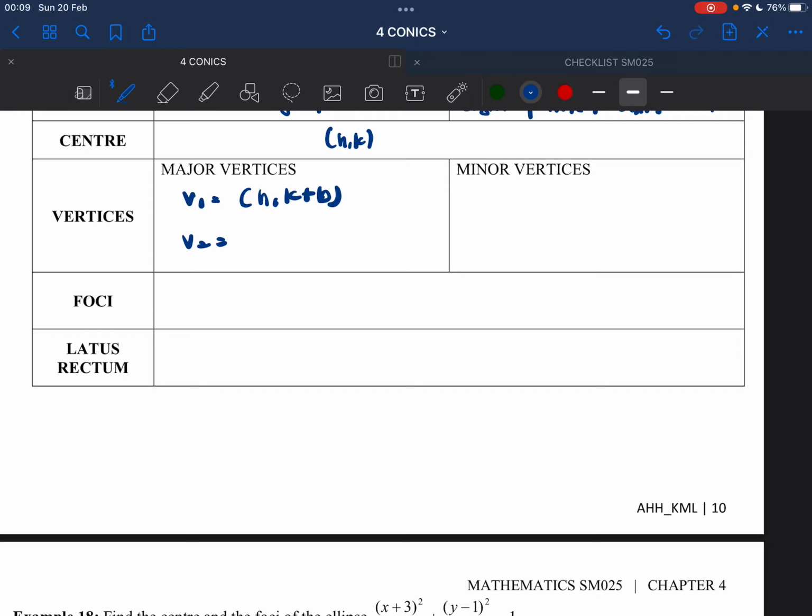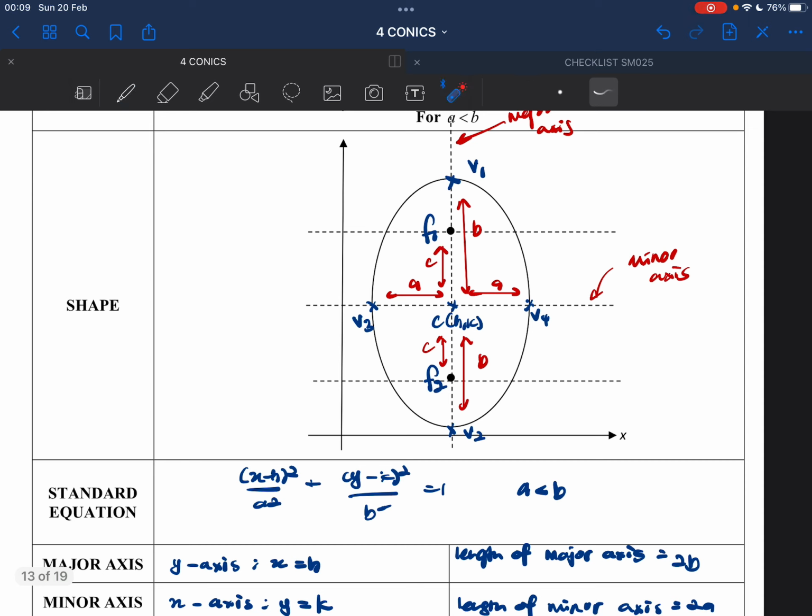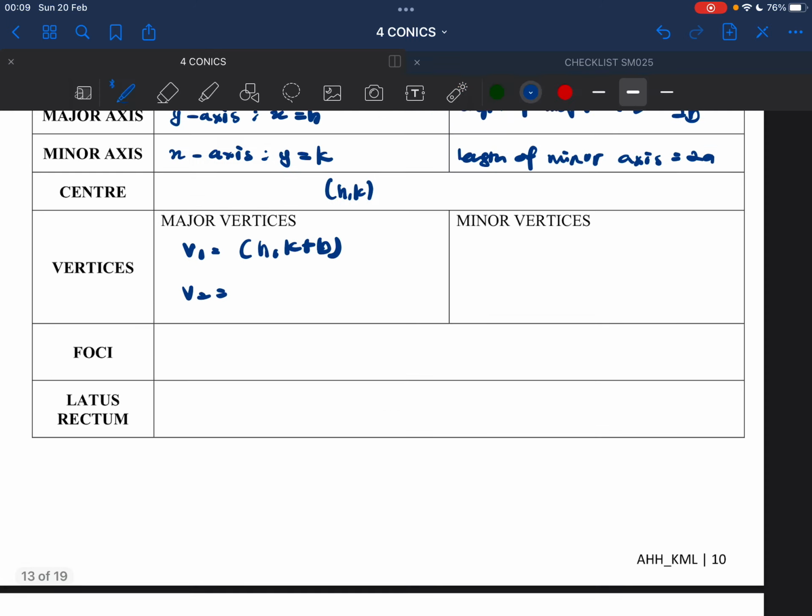Okay, so let's see V2. For V2, h didn't change, same. So here we have h, and k will change. This coordinate is below the center, that means you have to minus by the distance, which is b. So that's going to be your coordinate for V2.